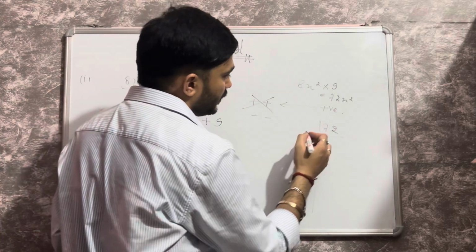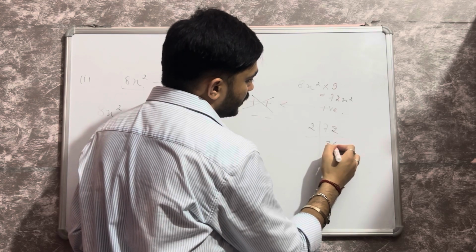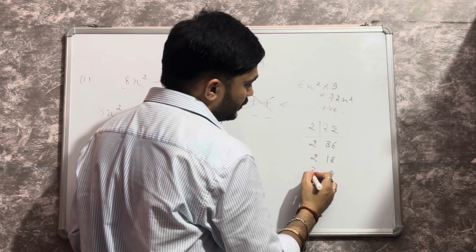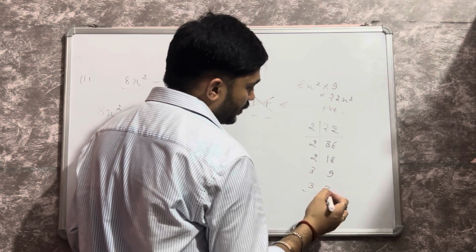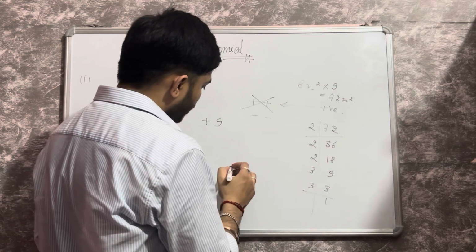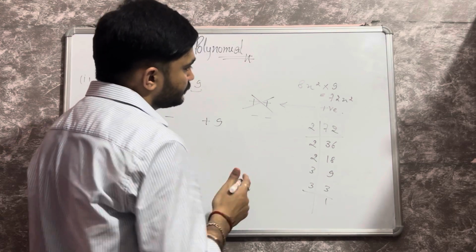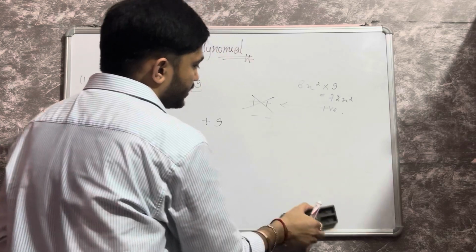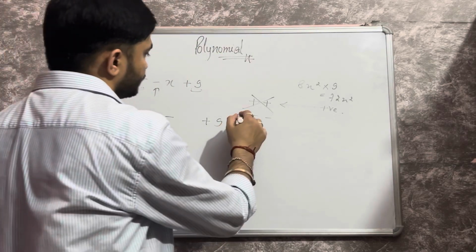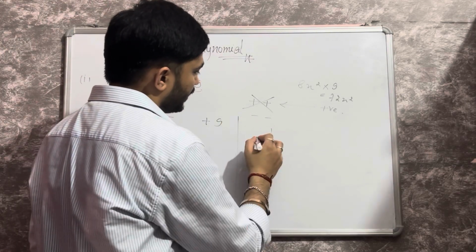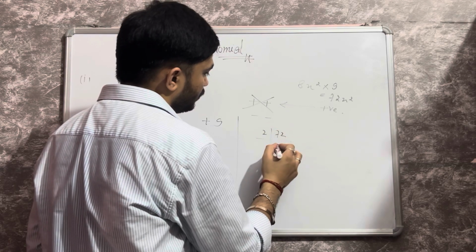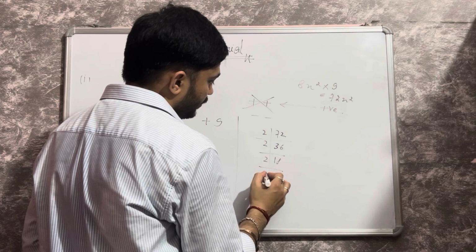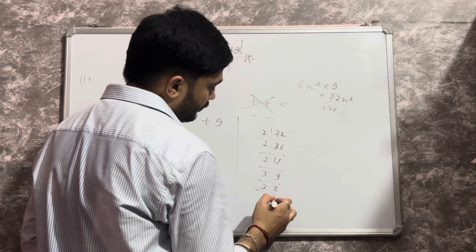Prime factorize this. You will get 2, 36, 2, 18, 2, 9, 3, 3, 3, 1.